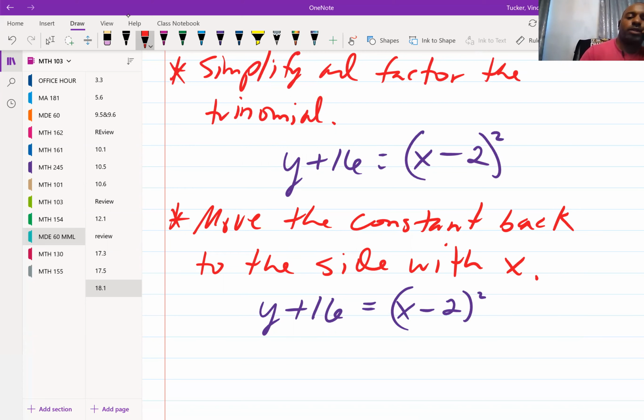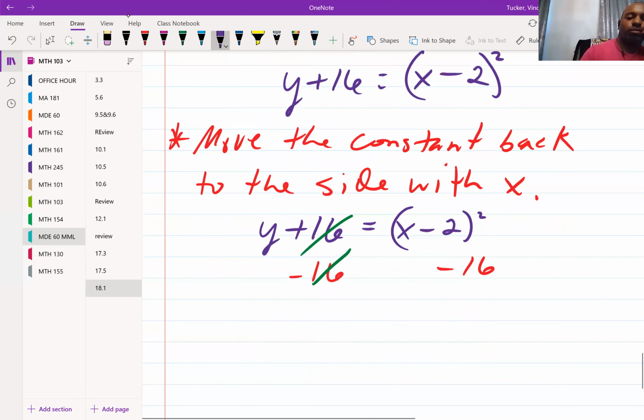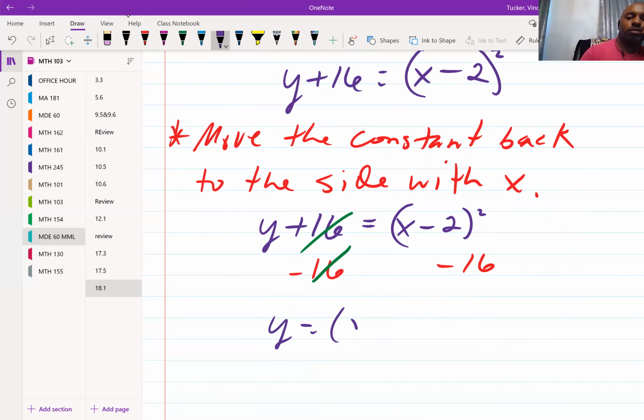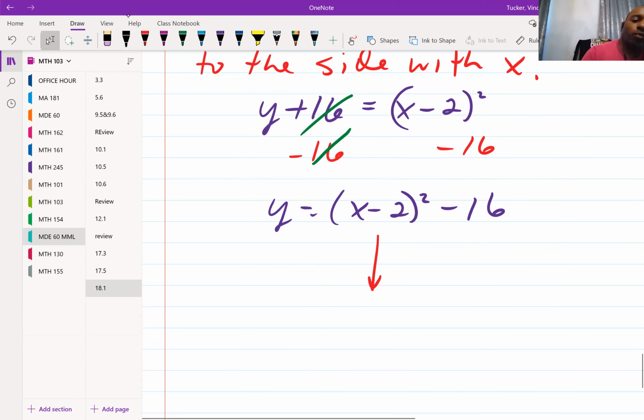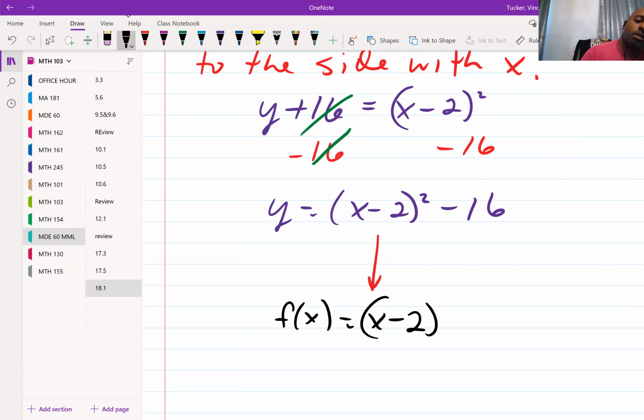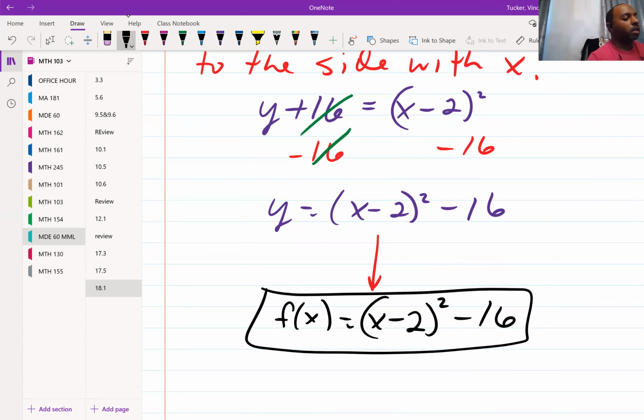So we're going to subtract 16 from both sides. All right. So x minus 2 squared minus 16. And then we're going to put that f of x back for y. And that's our answer.